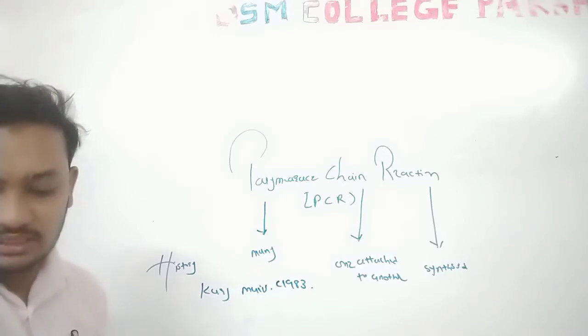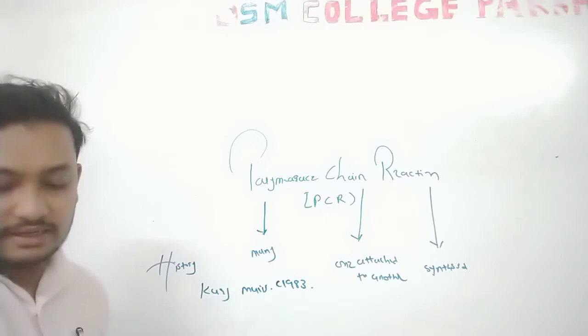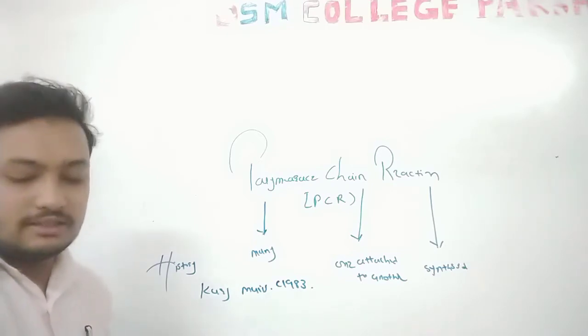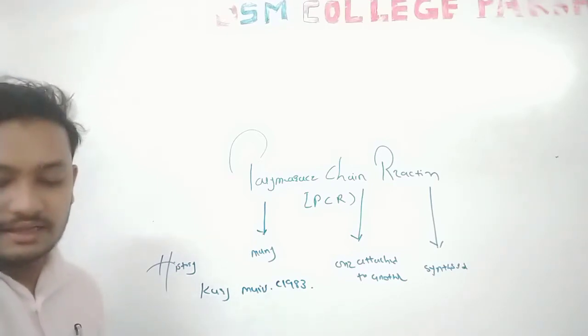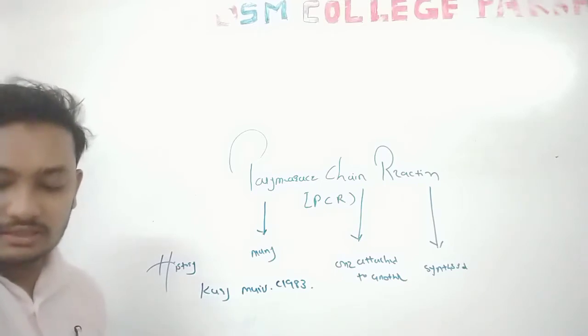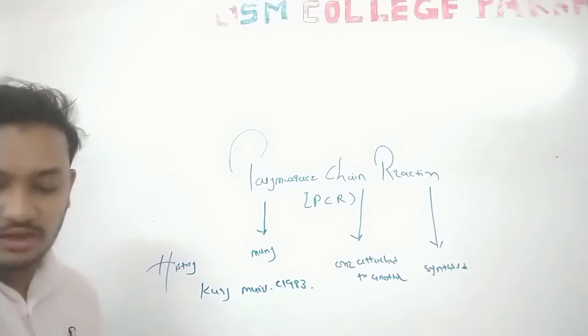PCR was first described in 1973, before the scientist Kary Mullis. Then Science published PCR as a major scientific development, and the Taq DNA polymerase enzyme used in this technique was described.